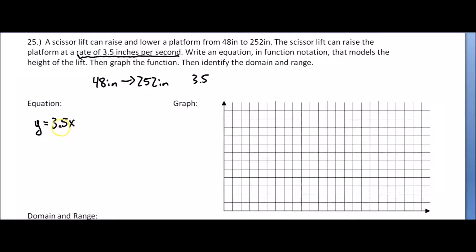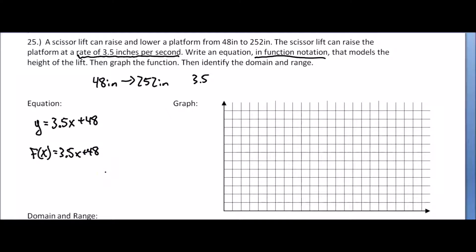And then as we look at the values it gave us, the starting value is 48, so that's my y-intercept, okay? The other thing I have to look out for here is it asks me to write this in function notation. So instead of y equals 3.5x, we can do something generic if we'd like, f of x equals 3.5x, if we want to keep it in that very math type format.